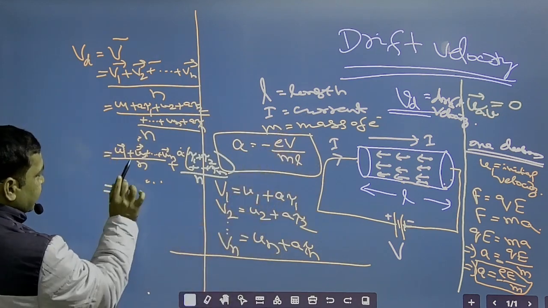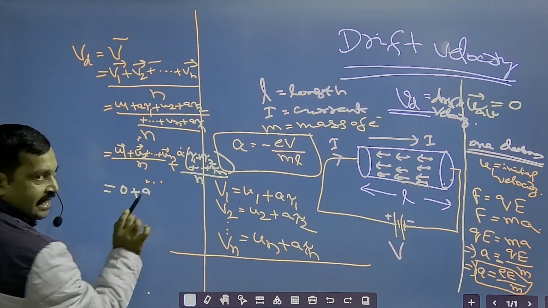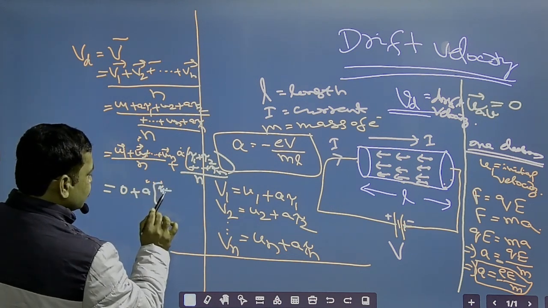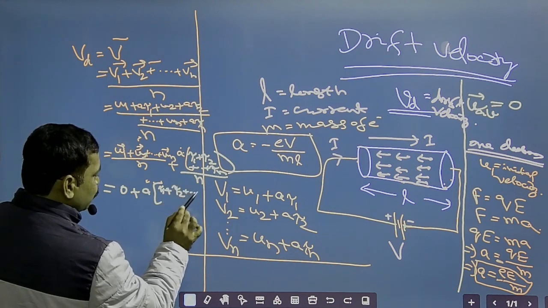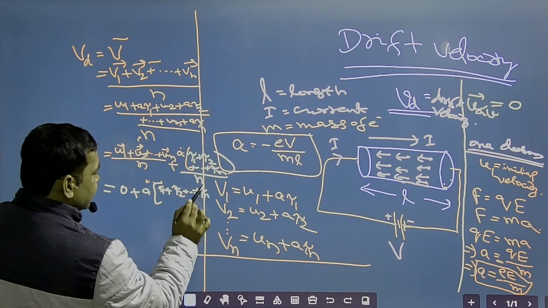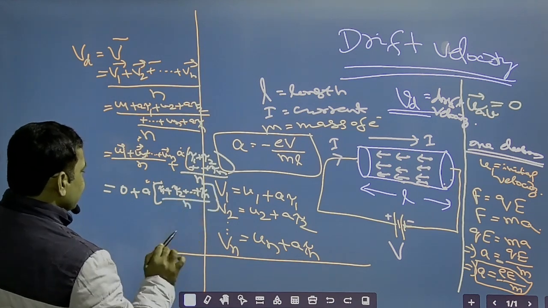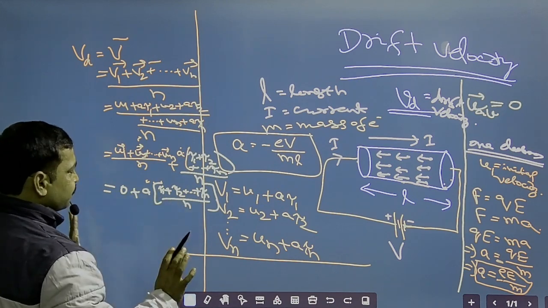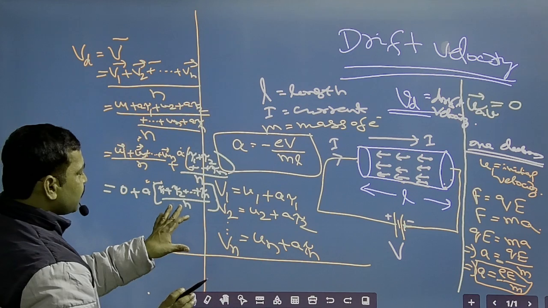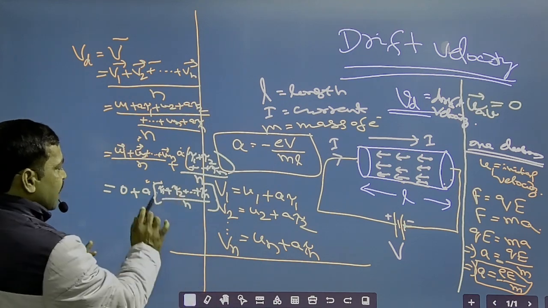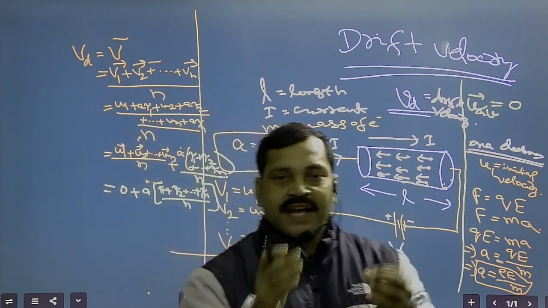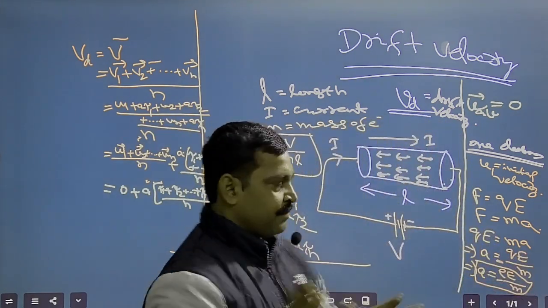So here we will get 0 plus a times tau 1 plus tau 2 up to tau n divided by n. What is this? This is the relaxation time for each electron, and since we have n electrons, dividing by n, this is the average relaxation time.